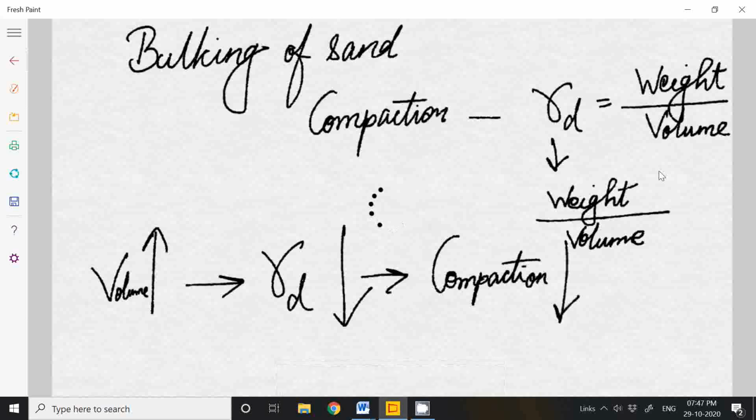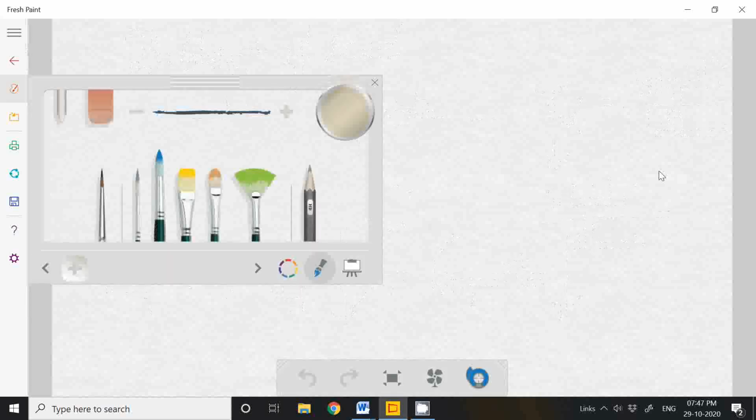Now, what happens in bulking of sand? Bulking of sand happens generally when the moisture content is around 4 to 5%.